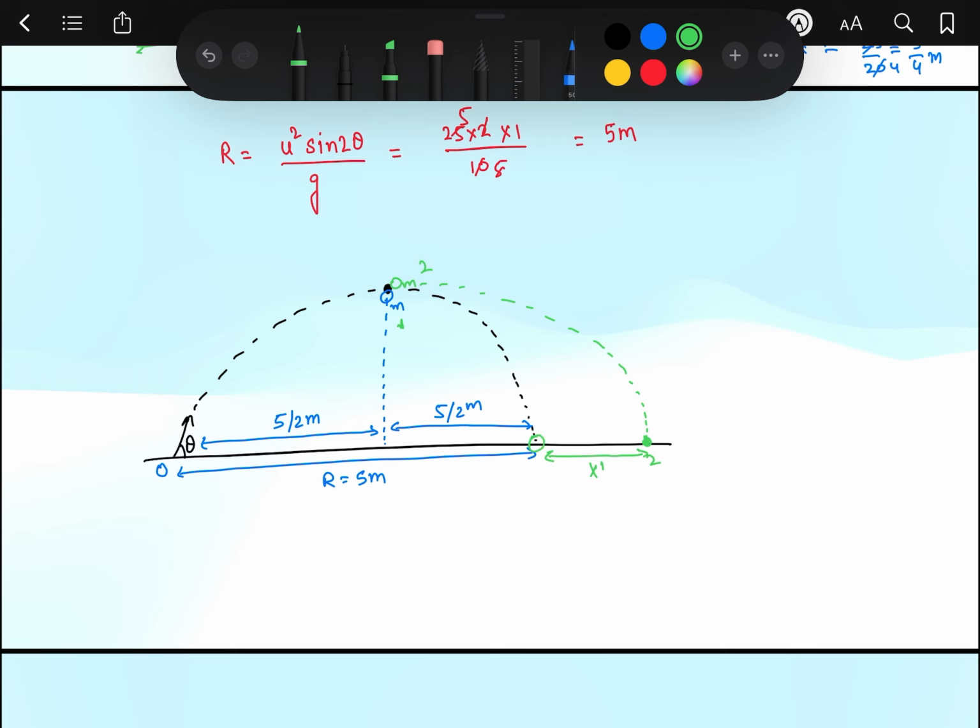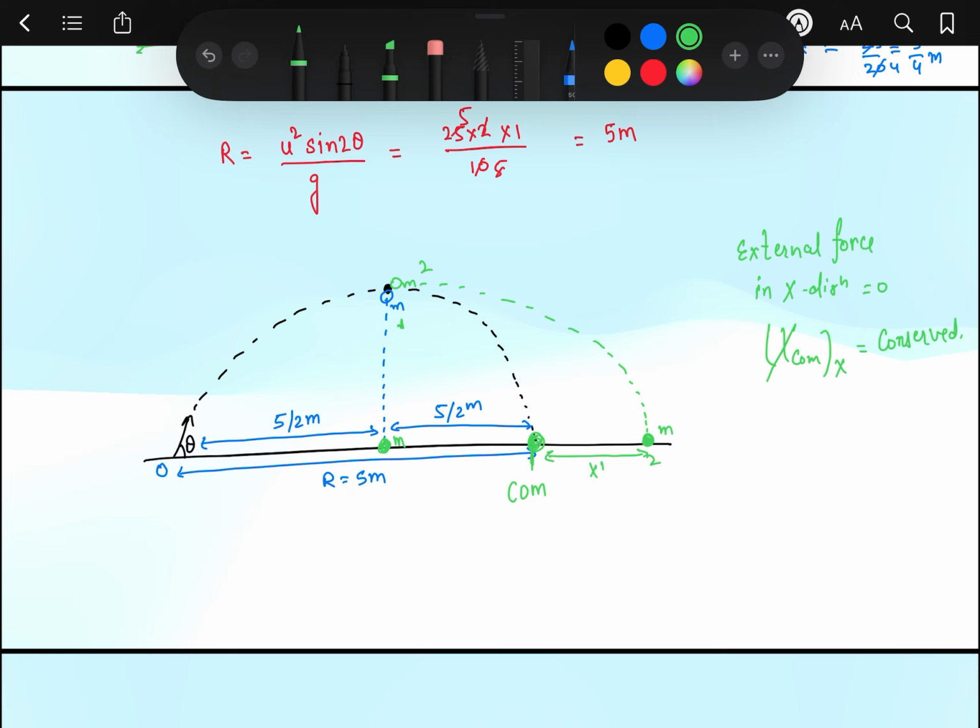Since this is the position of the center of mass, and one particle is falling here whose mass is m, and this mass is also m, then since the position of the center of mass in x direction is conserved, there is no external force in x direction, that means in horizontal direction it is 0. So the position of center of mass in x direction will be conserved.